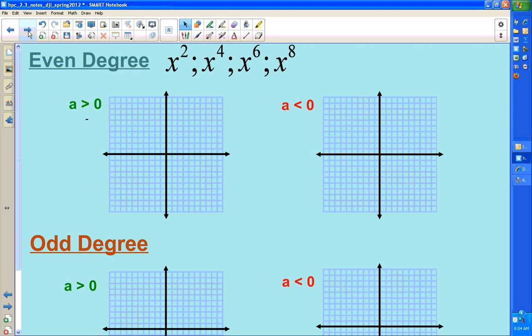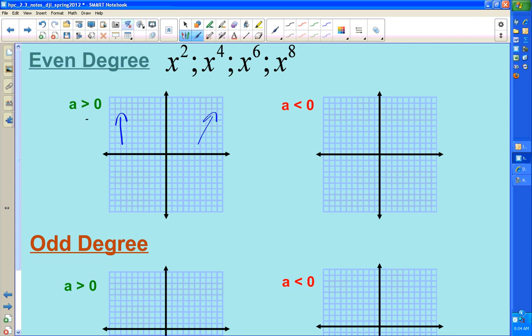So for an even degree function, like x squared, x to the fourth, x to the sixth, x to the eighth, if a is greater than 0, what's the end behavior look like? Both up. So even degree, a greater than 0, we expect to see something like this in the graph.